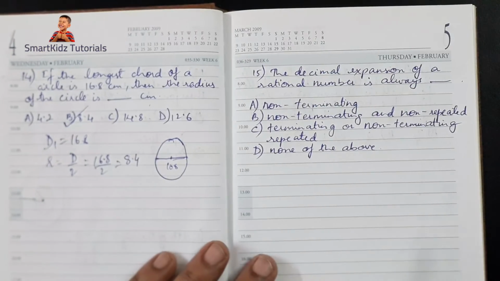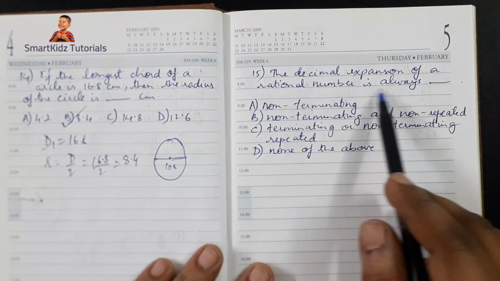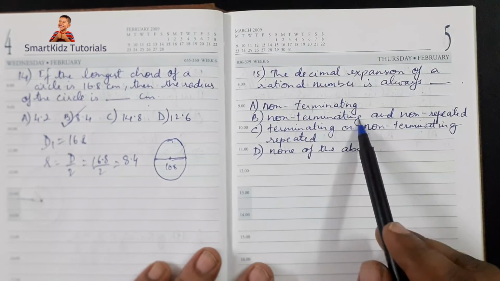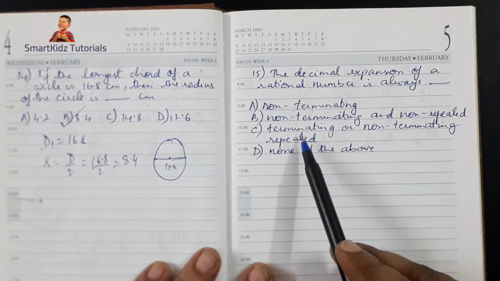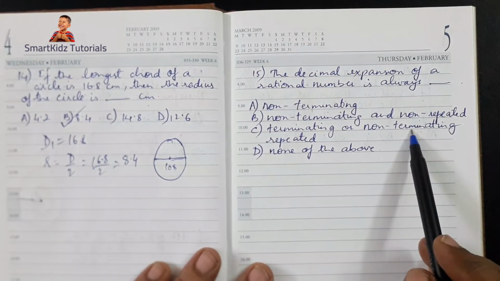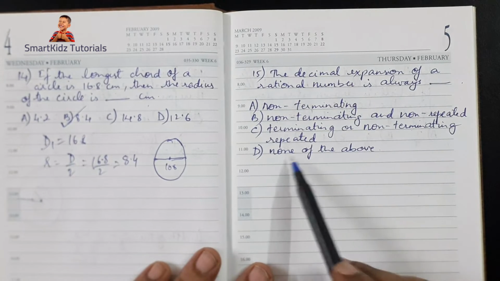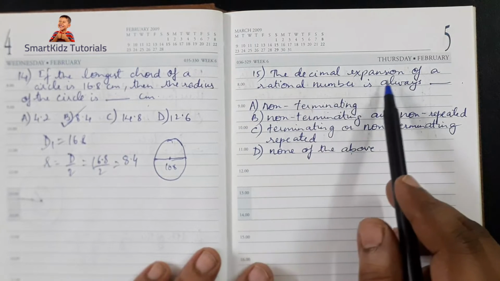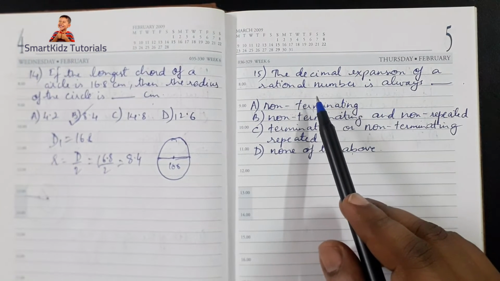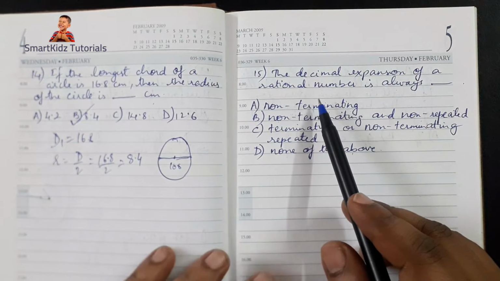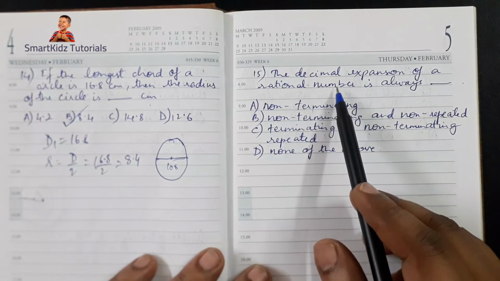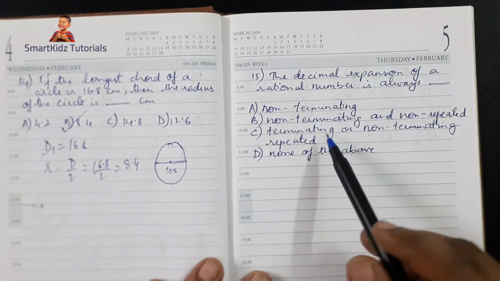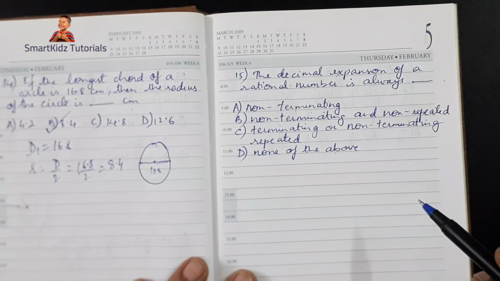Next question. The decimal expansion of a rational number is always, the choices given are non-terminating, non-terminating and non-repeated, terminating or non-terminating repeated, none of the above. Now, for a number to be called a rational number, first of all, its decimal expansion should either be terminating, that means we should get the remainder as 0.